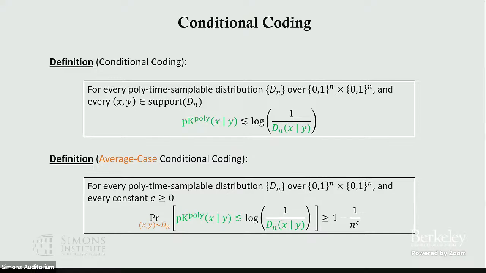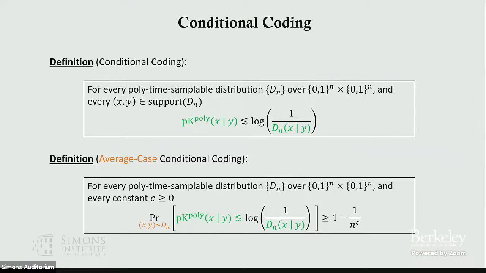You may be wondering why we cannot use the original coding theorem to show the conditional coding theorem. This is because the conditional coding theorem can be viewed as trying to encode a string X, where X is sampled from some conditional distribution of D that is conditional on some string Y. Even though the joint distribution of D is polynomial time sampleable, the conditional distribution may not be polynomial time sampleable when you condition on some string.